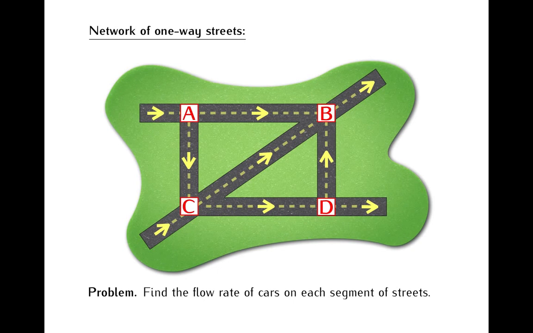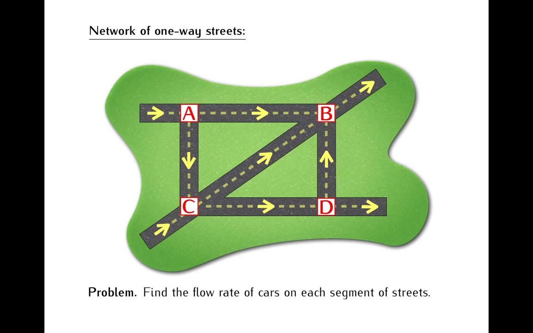Naturally, the most direct way of finding information about the flow of traffic is to simply go on a street and count the cars. Let's assume then that we placed vehicle counters on a few streets and that they recorded the following data.